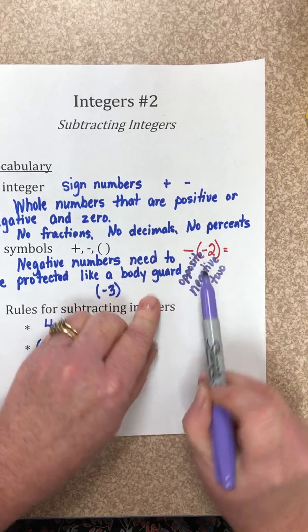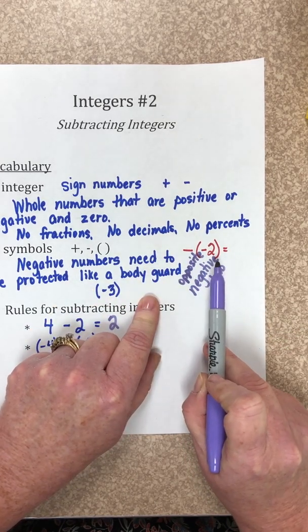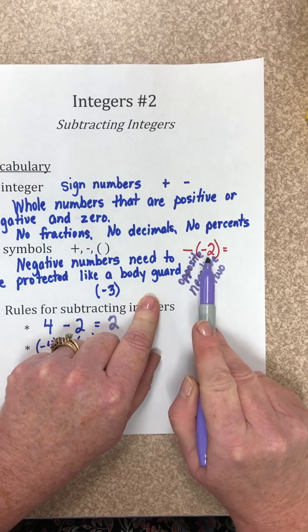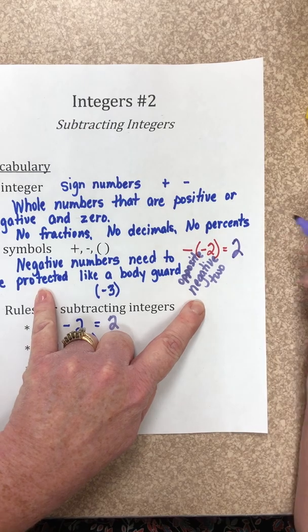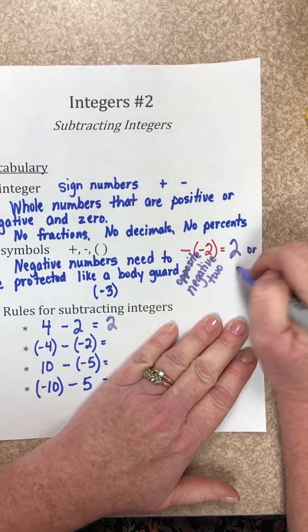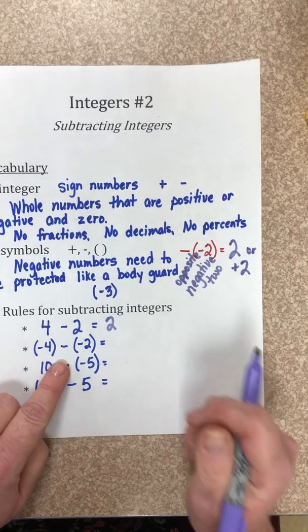So this is read opposite of -2. Well, let's think about that for a second. What is the opposite of a -2? Well, that would be a +2.